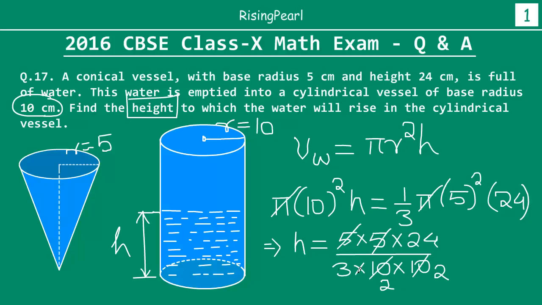So now this will be 3 times 2 is 6, times 2 is 12. 12 twos are 24. So we are going to have 2 centimeter. That means when we pour the water from the cone into the cylinder, the water will rise to a height of 2 centimeter. This is how we solve question number 17.